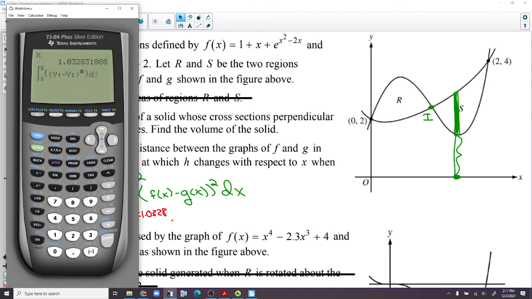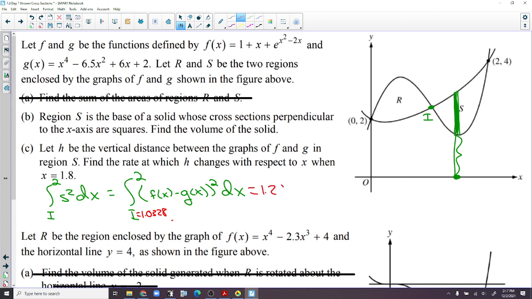And then we're going to square that, because that's the side. There's side squared. That's the area of the square. And you're just going to have to take my word for it that that's the right answer. That's what I've been getting all day, too. So 1.283. There we go.